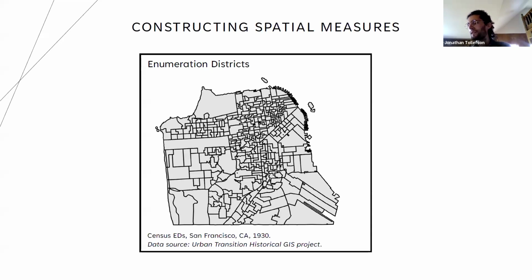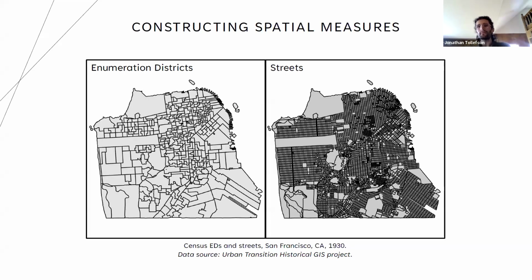This is possible because enumeration district maps were digitized by Spatial Structures in the Social Sciences at Brown, which is a great resource for historical spatial data. So this gives me a relatively small-scale measure of residential exposure to a particularly important kind of environmental pollution.